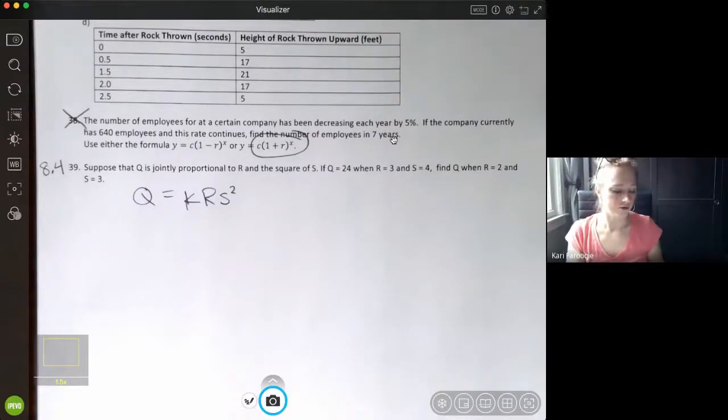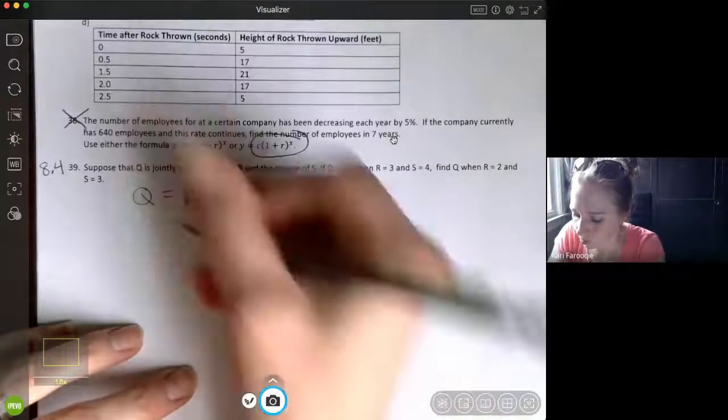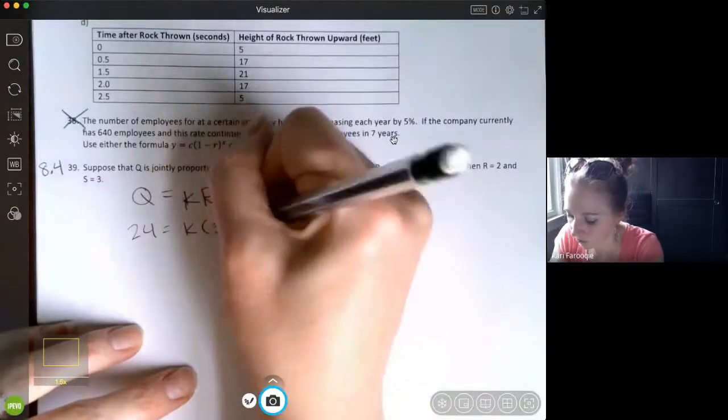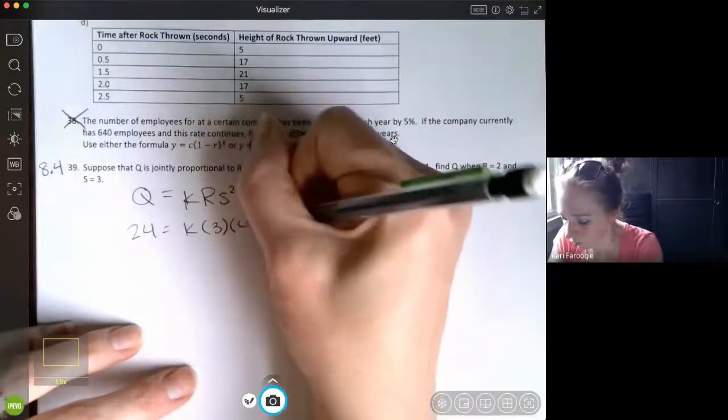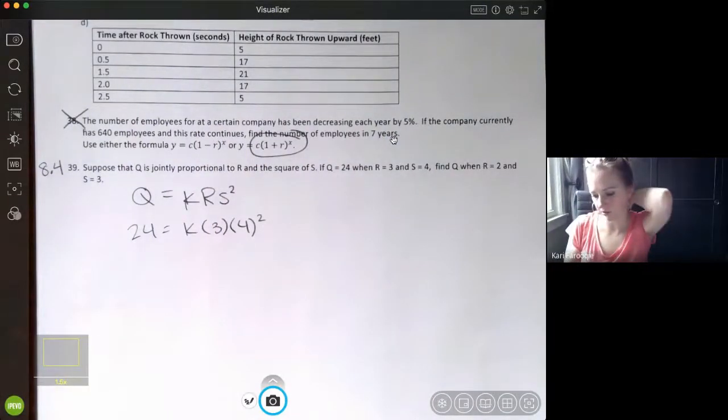That we will solve. We're going to go ahead and use this information just like we did in the other 8.4 problem to solve for Q. If Q equals 24, when R equals 3 and S equals 4, focus on that, then find Q when R equals 2 and S equals 3.